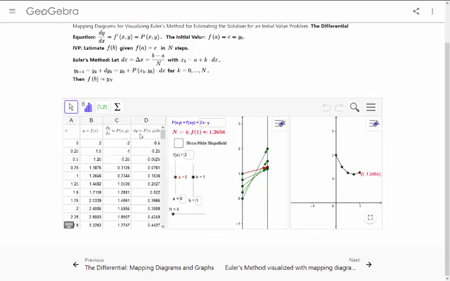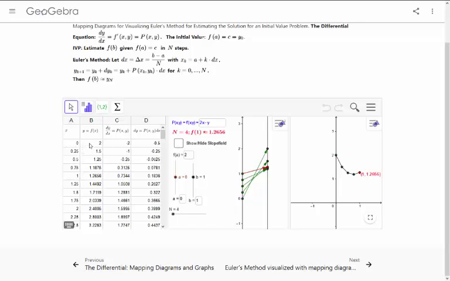In the worksheet I've created, the left-hand section has a spreadsheet built in GeoGebra that outlines and computes Euler's method for each x starting at 0, and in this case going till 1 in 4 steps.